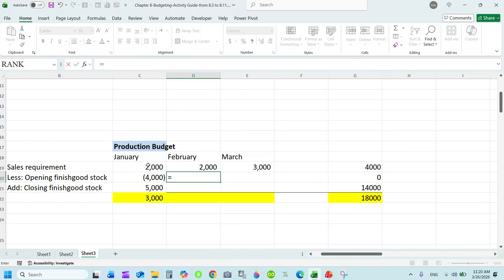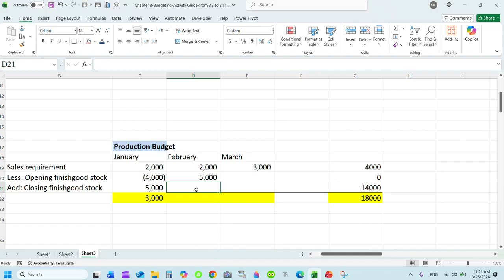January month closing stock will become open stock for February, right? Then February closing stock, right? We noticed what is the company's closing finished good stock policy.